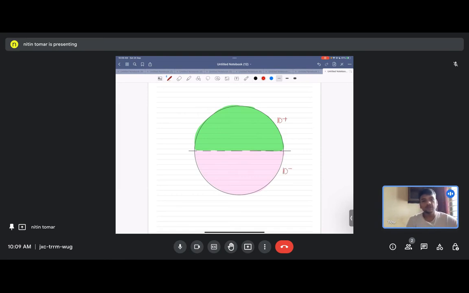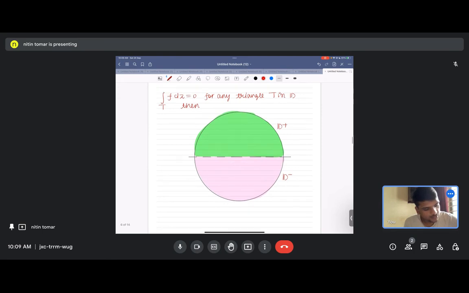Now Morera's theorem will say that if you prove, for any triangle T in D, that the integration of f over it is zero, then f is holomorphic in D. So remember the continuity is given.